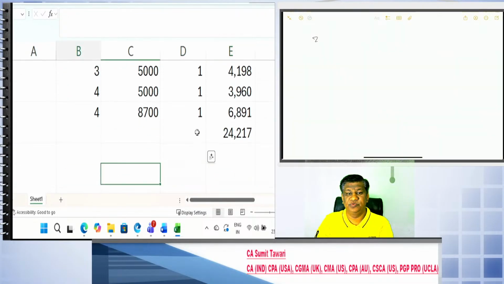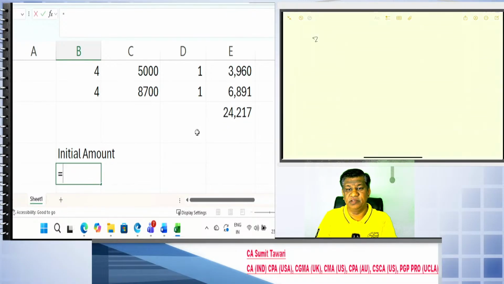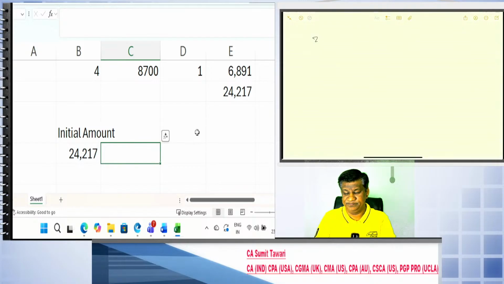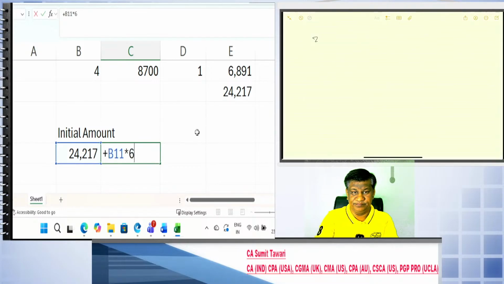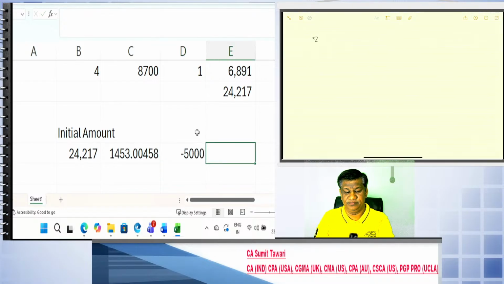The initial amount is what I need to keep from here. If I calculate the 6% interest and then a repayment of 5,000 EMI, my closing balance is this one.